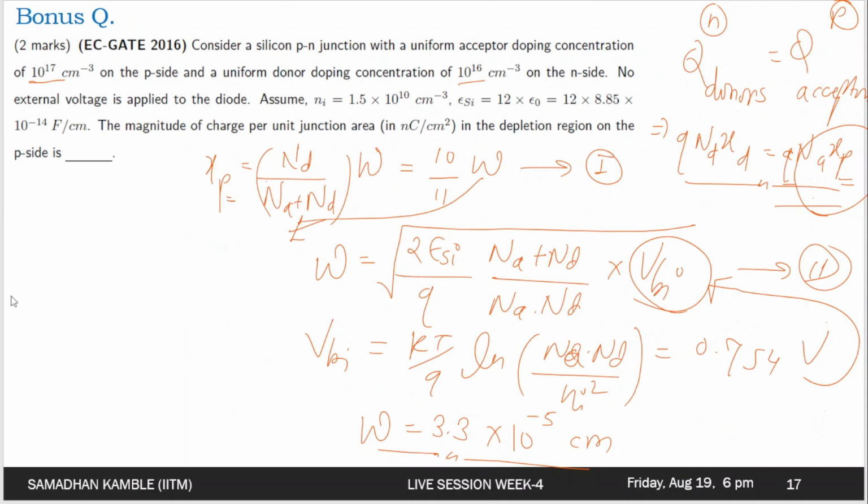So Q acceptors is 1.6 times 10 to the power minus 19, that is the value of q, times the value of Na, that is 10 to the power 17, times the value of Xp, that is 10 over 11, times W, that is 3.3 times 10 to the power minus 5.